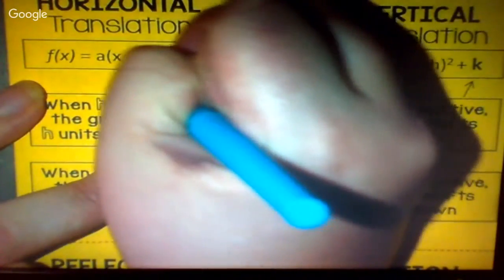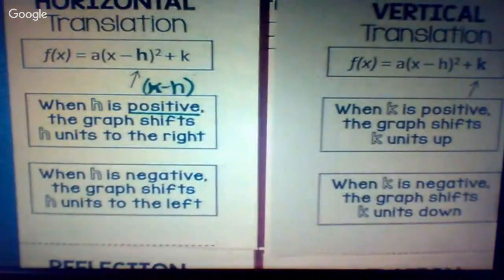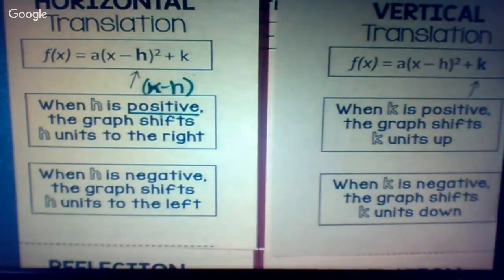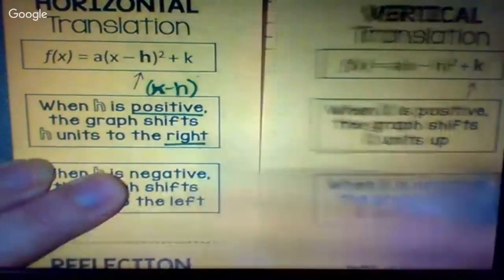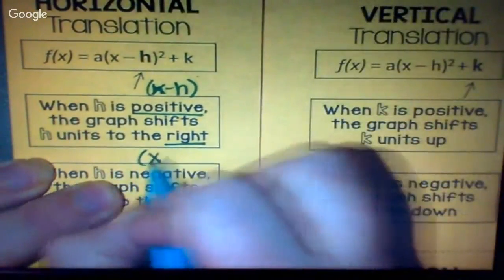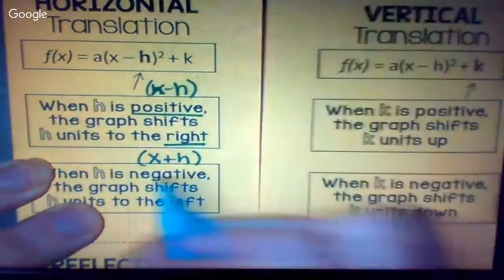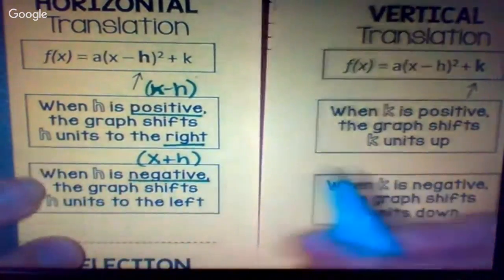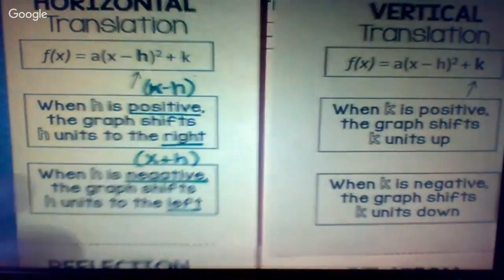If I have x minus h, that means my h is positive. It's always opposite of what is there. So if it's minus h, your actual value is positive, which means we move to the right. If I have x plus h, that means my h is negative, and we're moving to the left.